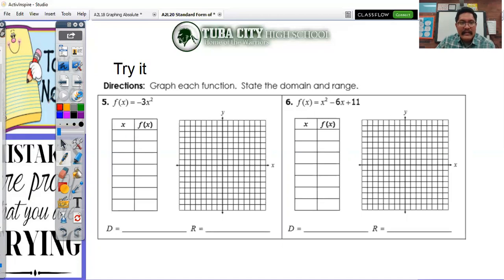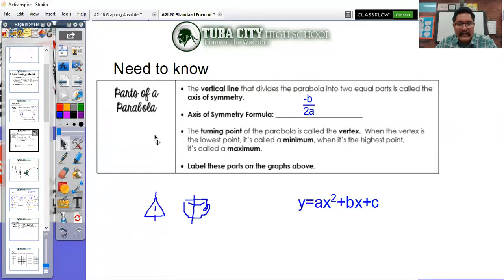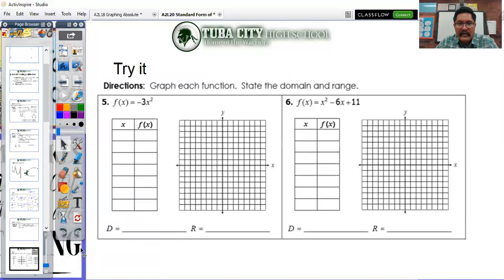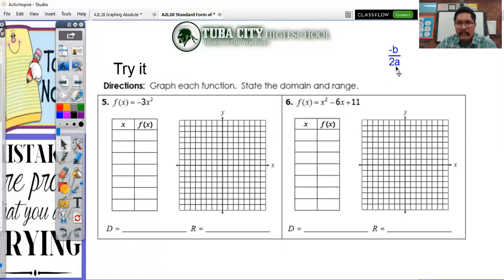So let's go ahead and plug some of these in there. First thing we've got to do is find the vertex, and that is going to be our negative b over 2a formula. So let me go ahead and go back over to get that. And we're going to need these for all of these. So let's plug in negative b over 2a.